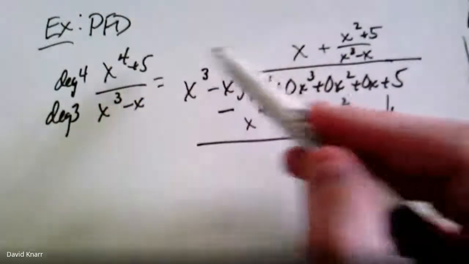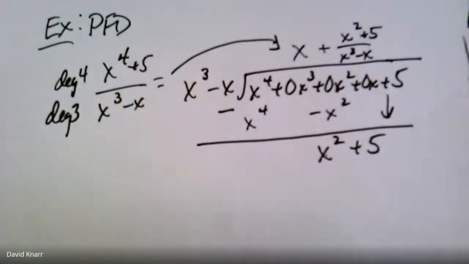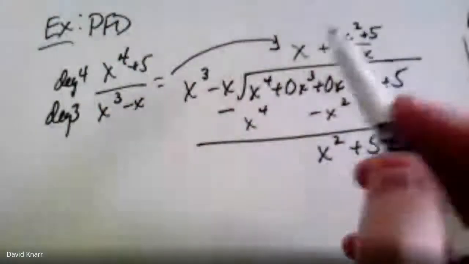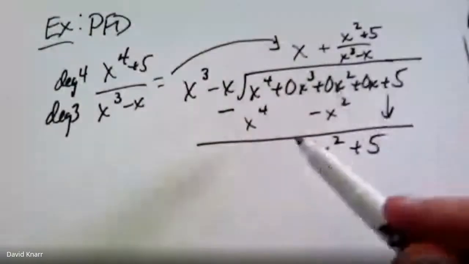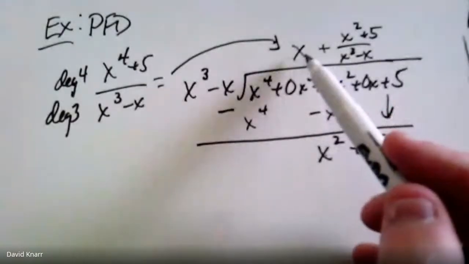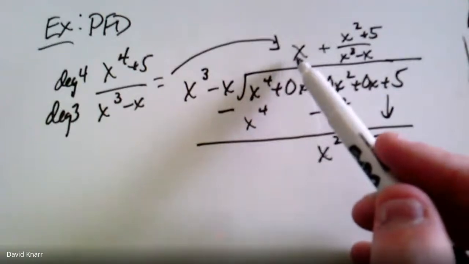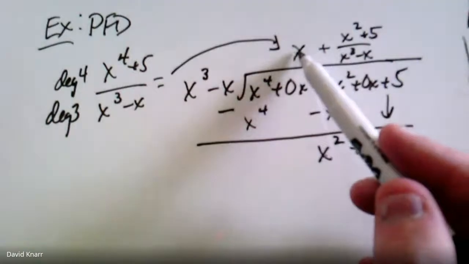This is equal to this whole thing that's here. So now what do we do with this? What we have is x plus x squared plus 5 over x cubed minus x. The x will be part of your answer. It's part of your decomposition because x cubed went into x to the fourth x times. So it will be part of your answer.